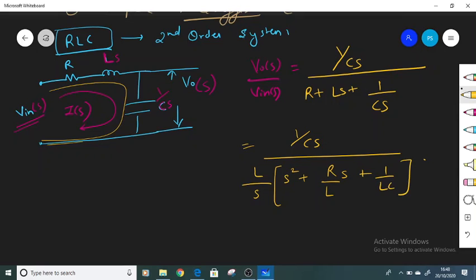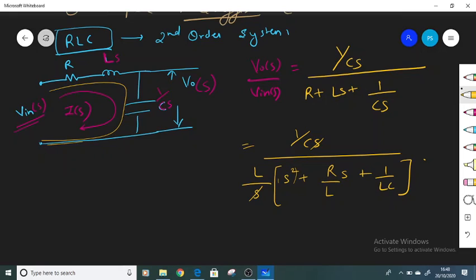So inside you will get s square plus R by L s plus 1 by LC. ये इसलिए कर रहे हैं क्योंकि हमको s स्क्वायर का जो टर्म होता है इसका कोएफिशिएंट you keep it as 1. स्टैंडर्ड सेकेंड ऑर्डर सिस्टम से इसको आइडेंटिफाई करने के लिए हमने यहाँ पे डिनोमिनेटर से L by s को कॉमन ले लिया. So now this is looking like it can be related with the standard second order system.